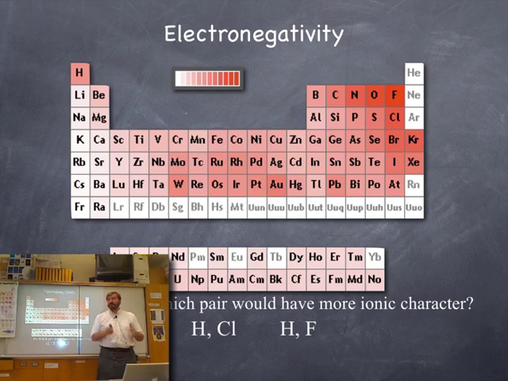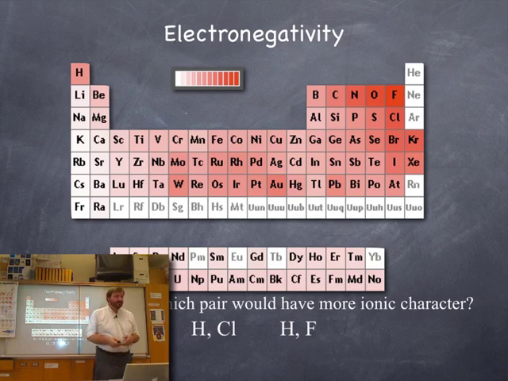So this is another sort of theory unit. This one's a little bit more visual. It's a little bit easier to visualize. There'll be some modeling activities we can do and stuff like that. But not a lot of math here, more theory. So you've got to think about these things, realize that the bigger the difference on the periodic table, the greater the difference in electronegativity, the more ionic character the thing is going to have.